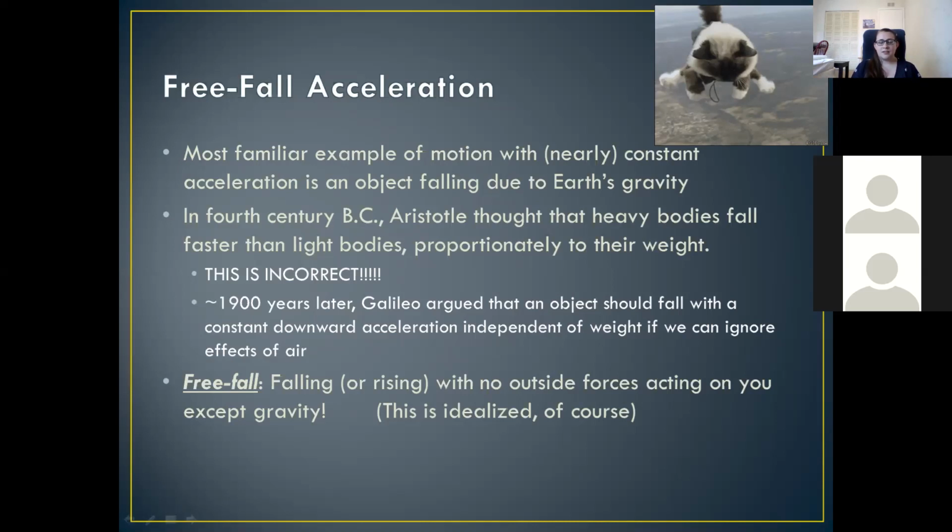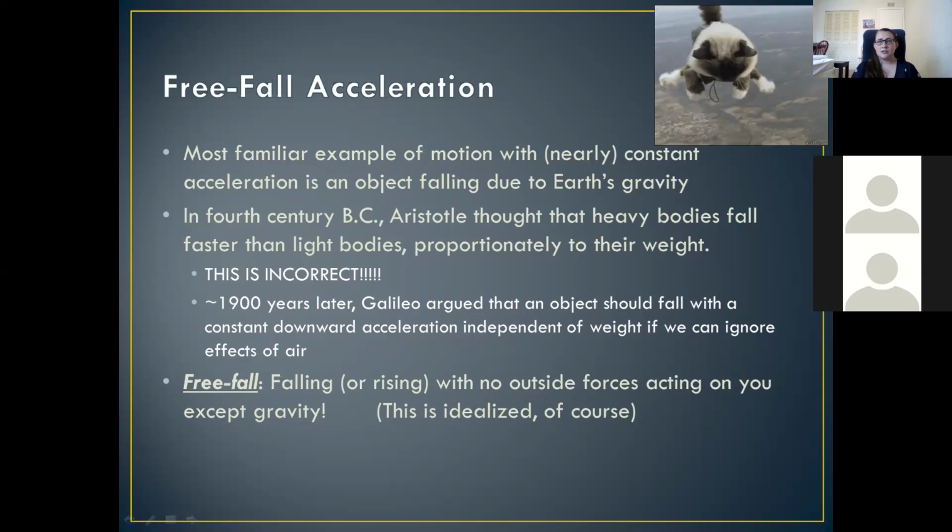It took like 1900 years after Aristotle proposed this that Galileo argued that objects should fall with a constant downward acceleration independent of their weight if we can ignore the effects of air resistance.